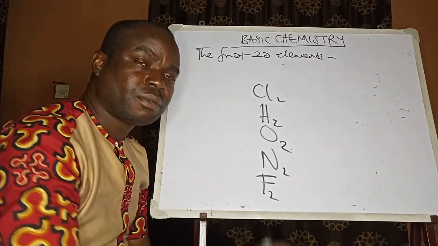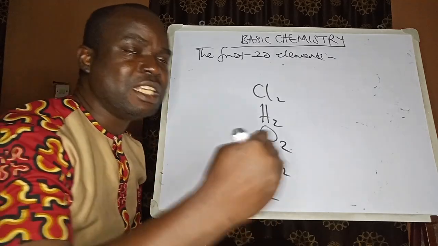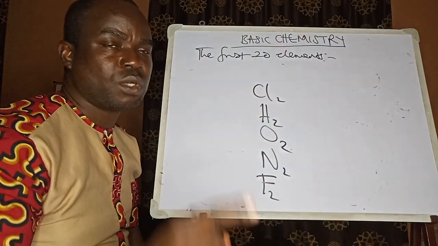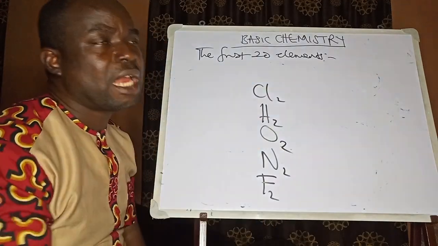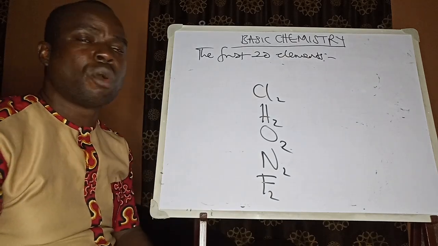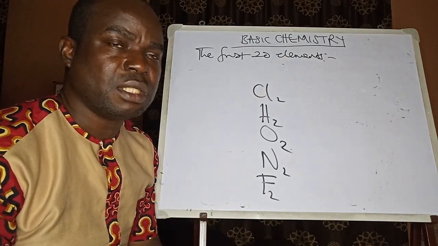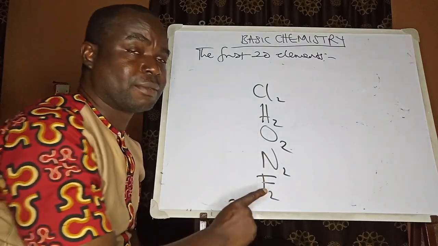Take note of this. They are called diatomic elements because they end with 'in'. So that's the first key point I want you to take note of here. Other elements like calcium, sodium, they don't end with 'in', so you don't put 2 on them. Is it clear? So that's fact number 1 I want you to pick up from there.